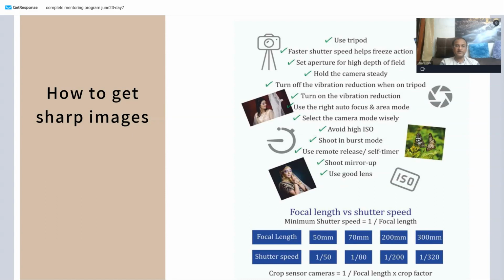So the other day we discussed this slide, how to get sharp images. These are the ways in which you can achieve good sharpness. Use a tripod, use a fast shutter speed, set aperture for high depth of field, turn on the vibration reduction, focusing mode, select the camera mode, use multi-burst, use remote release.